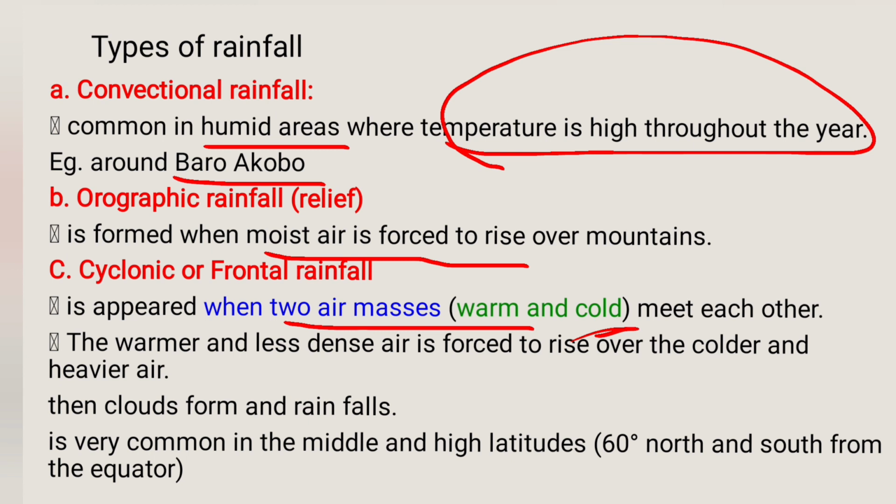The warmer and less dense air is forced to rise over the colder and heavier air. During this, clouds become formed and the rain will appear. This type of rainfall is common in middle and high latitudes, 16 degrees north and south of the equator.